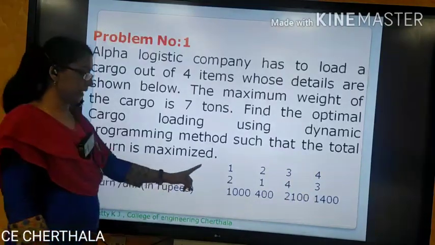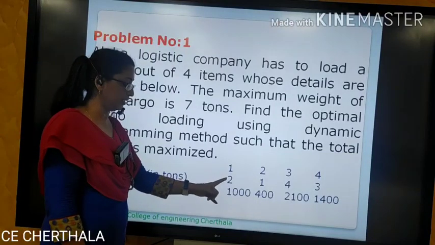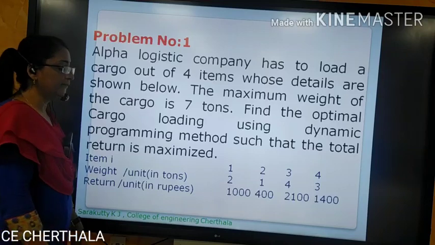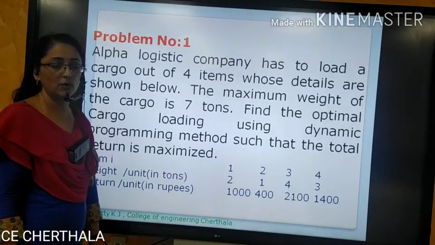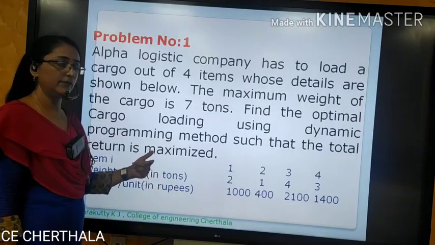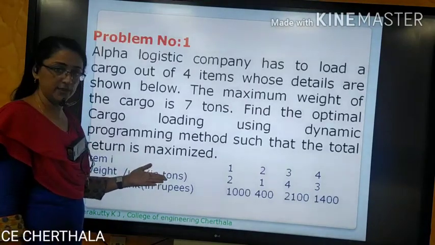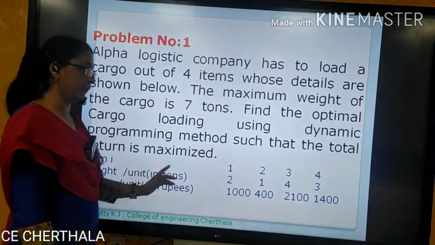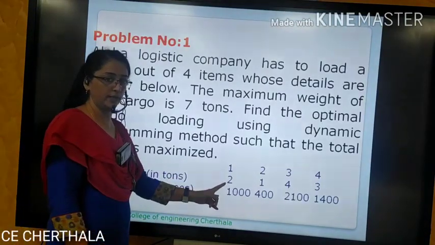So consider the first item. The first item has weight 2 ton. Therefore, the different possible options or alternatives with item number 1 are either we can choose 0 units, or we can select 1 unit. 1 unit means weight is 2 ton.